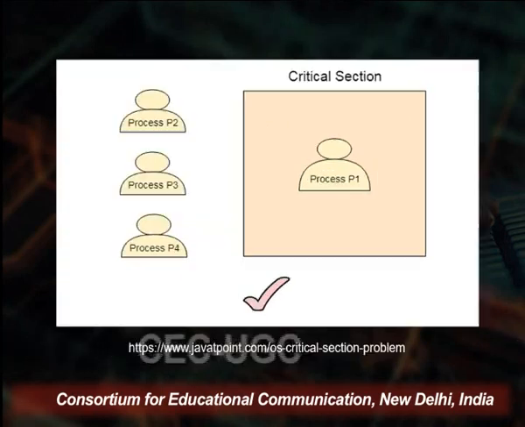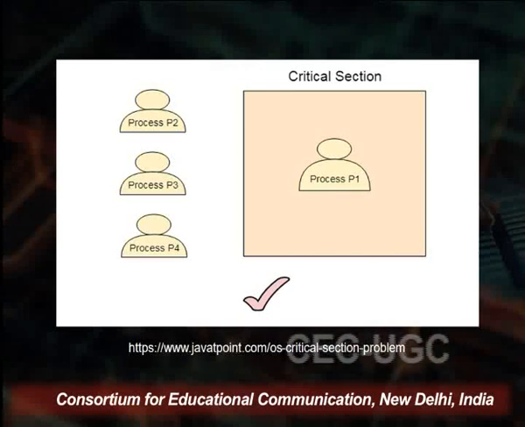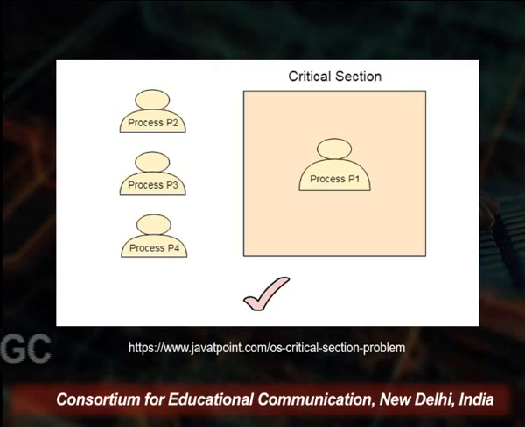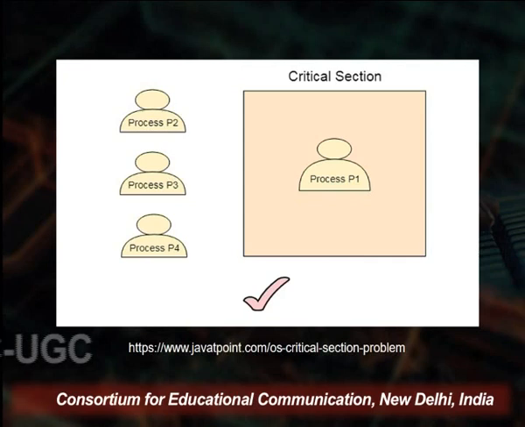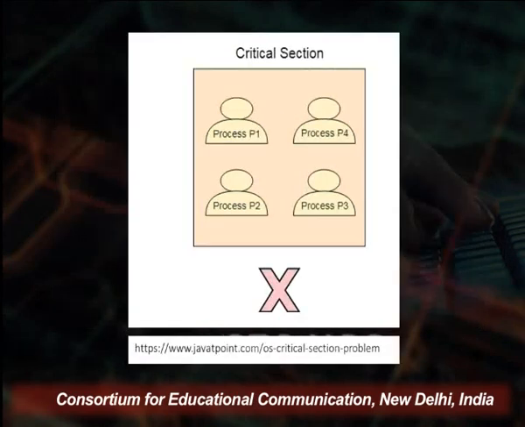What is allowed is that the critical section will be executed by one process at a time, and other processes like P2, P3 and P4 will be waiting till P1 is inside the critical section. So simultaneous execution of this critical section code is not allowed.